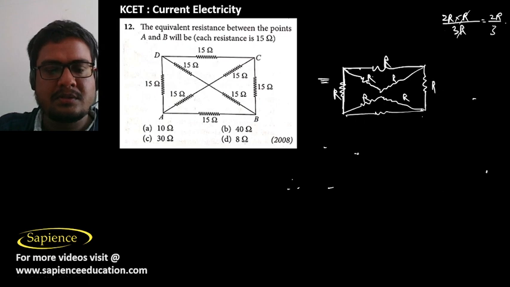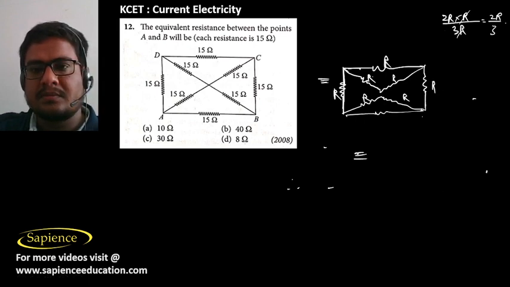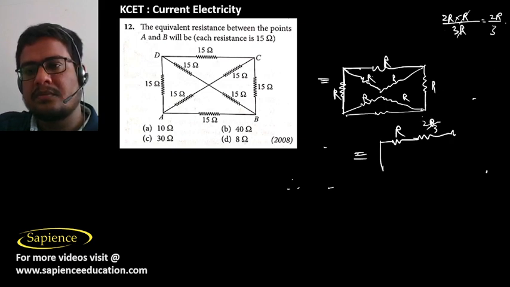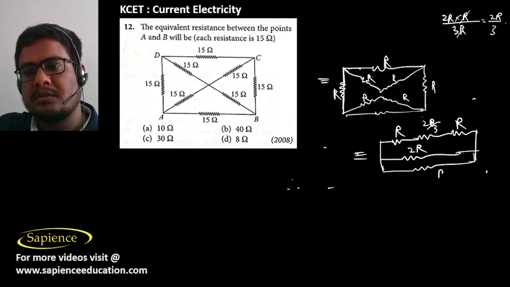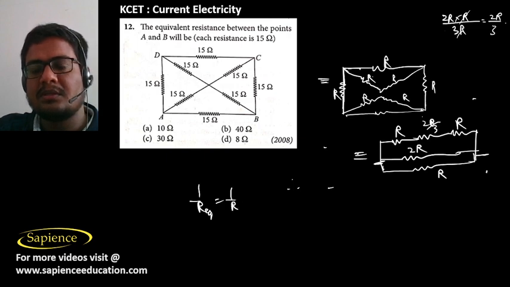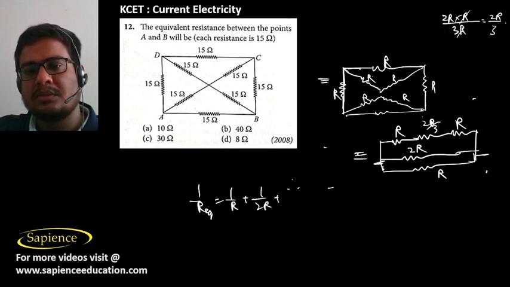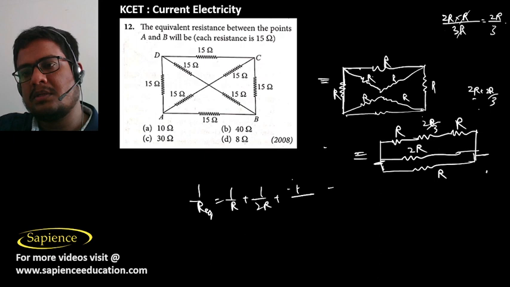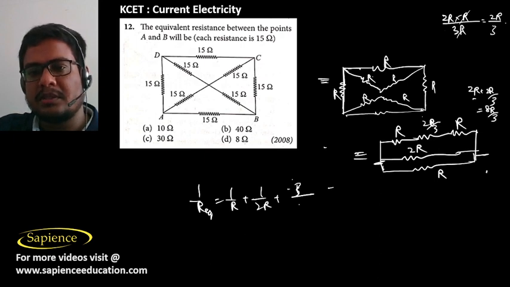Equivalently it can be written like this. This is R, this is 2R by 3, this is again R. Here again this is 2R, this is again R. So if you have to find R equivalent, then 1 by R equivalent is equal to 1 by R plus 1 by 2R plus 1 by 8R by 3, that is 3 by 8R.